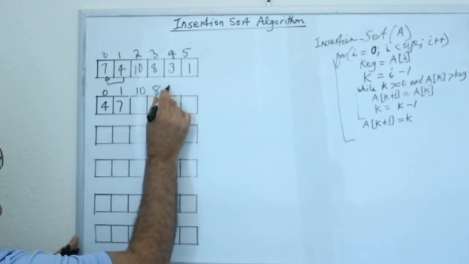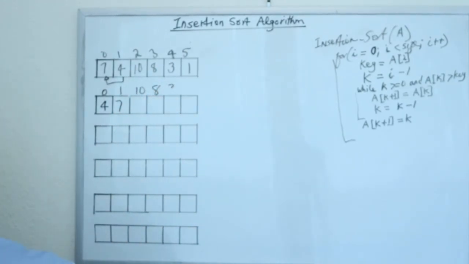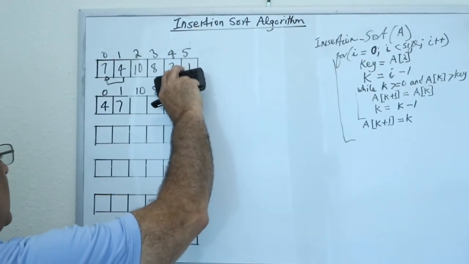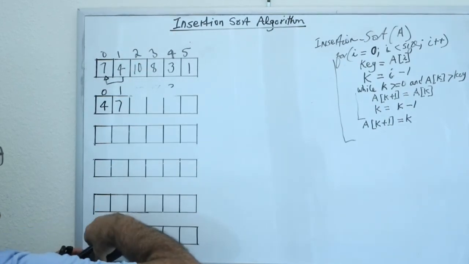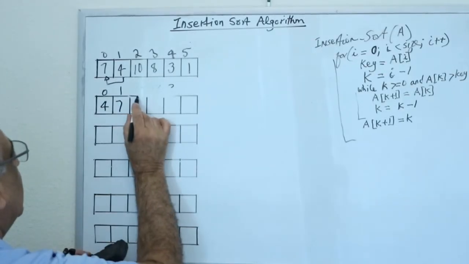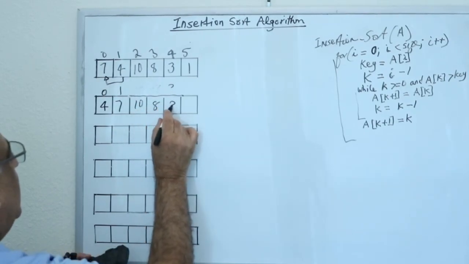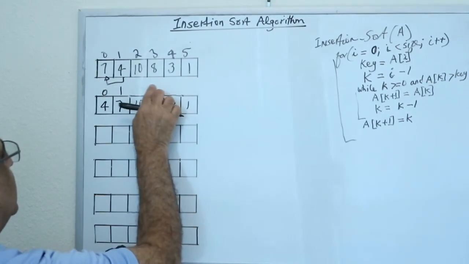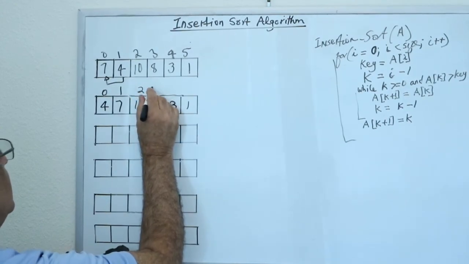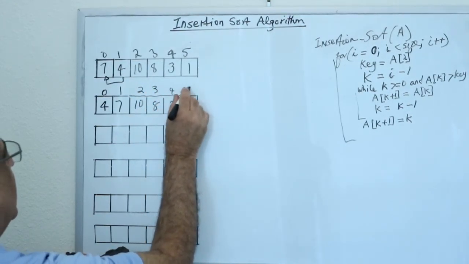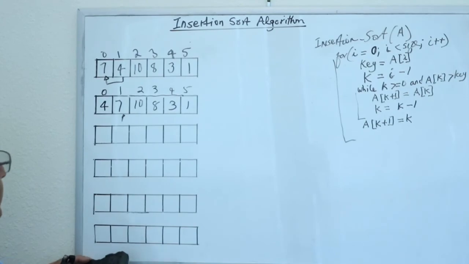I have 8 and 3 and 1. So these are my positions. In this case, I basically have 10 here, 8, 3, and 1. So the positions are 2, 3, 4. So now, this is where my index is.